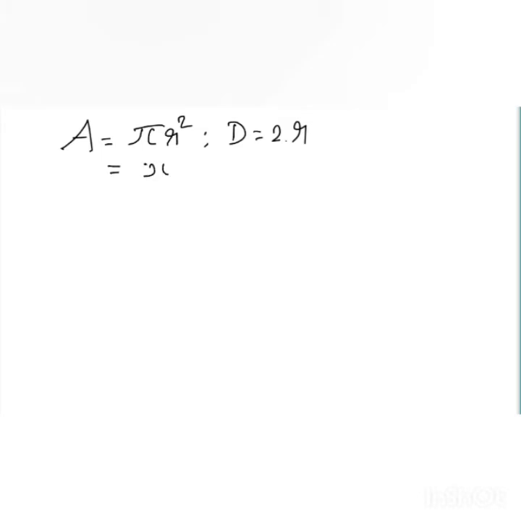So what will I get? Pi into d by 2 the whole square, which will be pi d square the whole divided by 4, right? So remember this. Let's put down this equation as equation number 4.